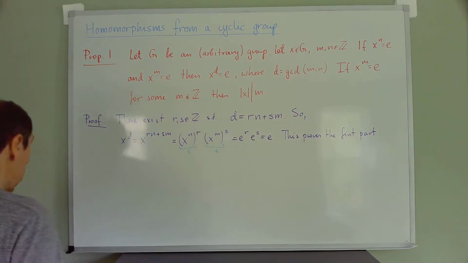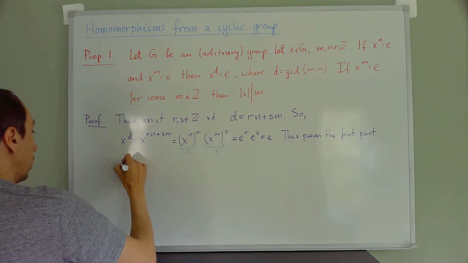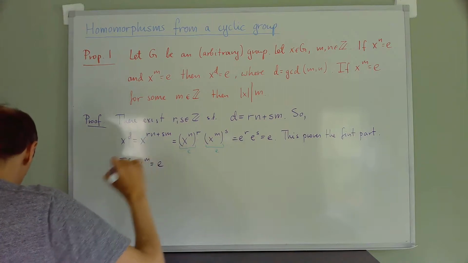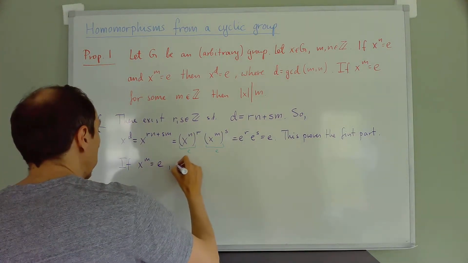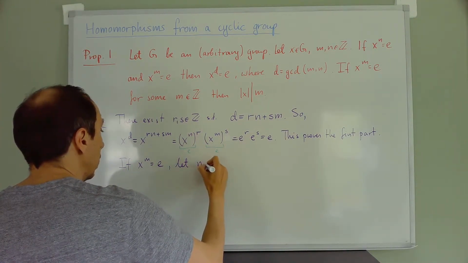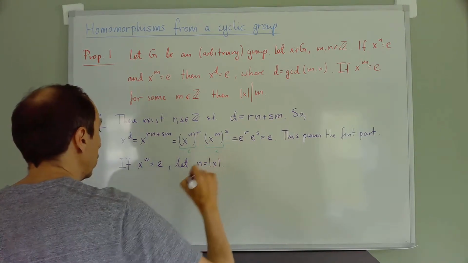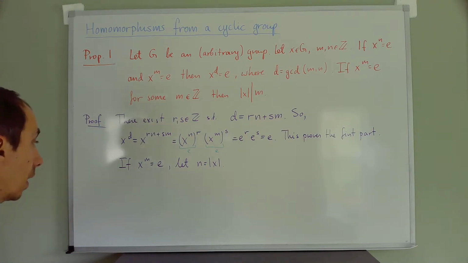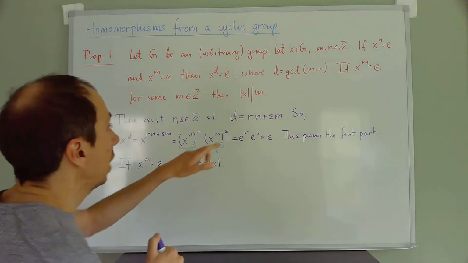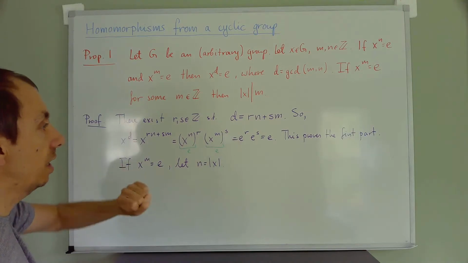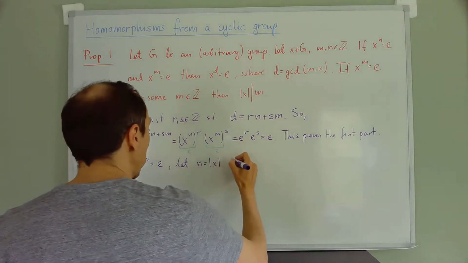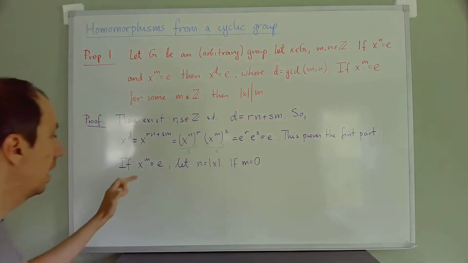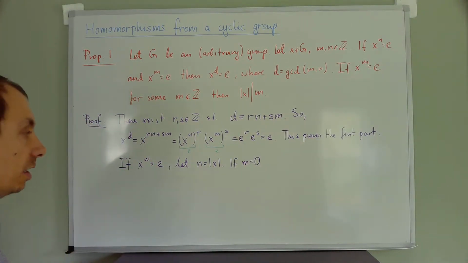What about the second part? So if x to the m is the identity, let n be the order of x. Look, m does not have to be a positive integer, right? m is just any integer. So if m is 0, anything to the 0 is the identity.